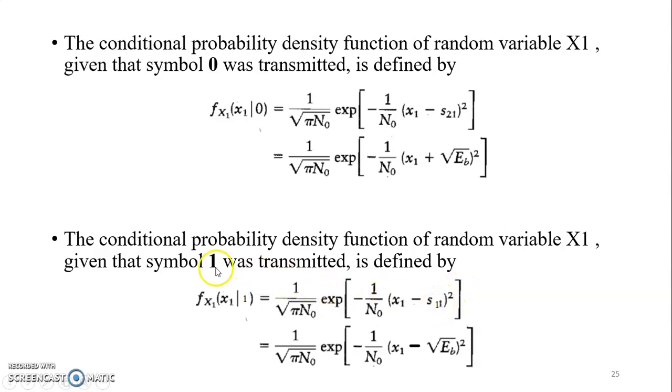S11 is the message coordinate corresponding to symbol 1, and S11 is equal to plus root Tb. Substituting that, the expression becomes 1 by root pi N0, e raised to minus 1 by N0 (x1 minus root Tb) the whole square.